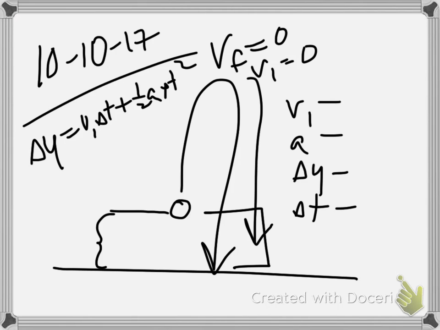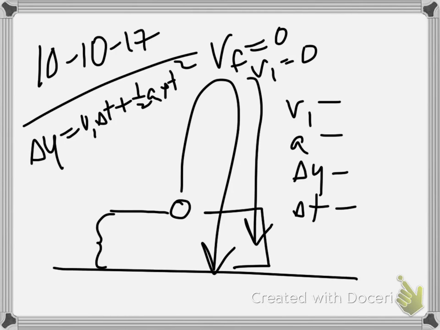It doesn't work. It works under two circumstances. If VI is 0 and you get rid of one of your delta t's, or if delta y is 0, if something's leaving the ground and coming back to the ground, you can do some algebraic sleight of hand and factor out a delta t. But other than that, it doesn't work, so you have to get good at the substitutions.